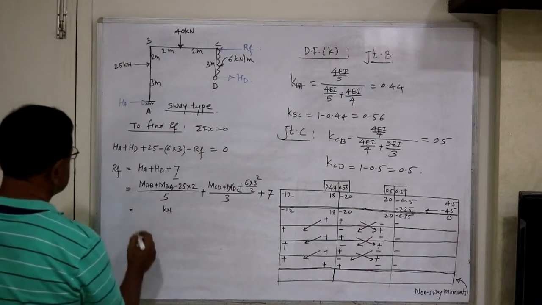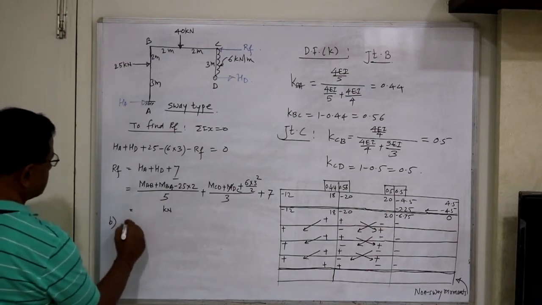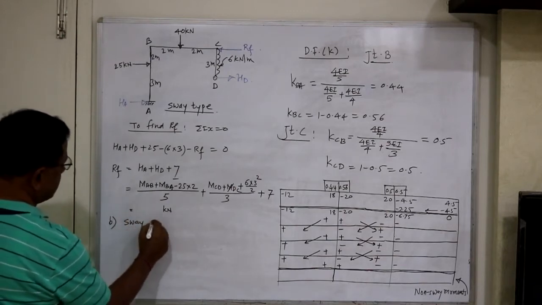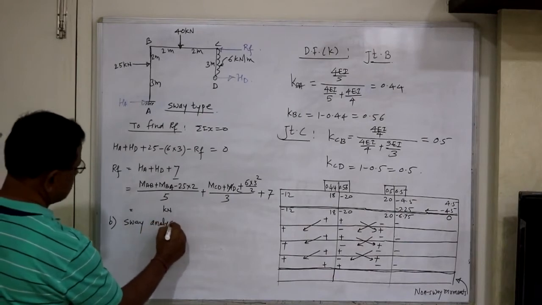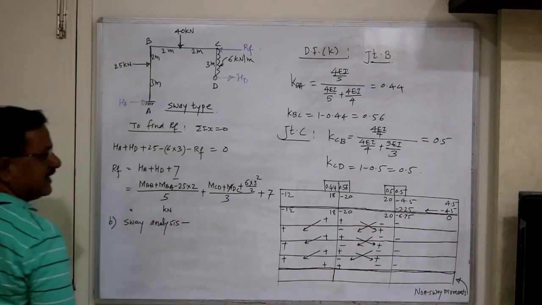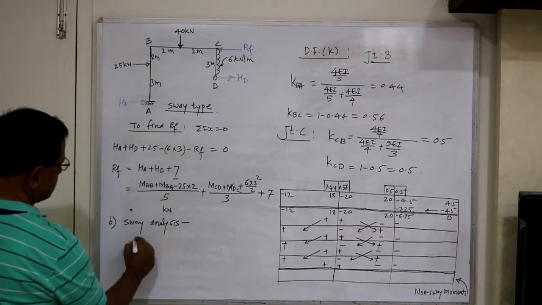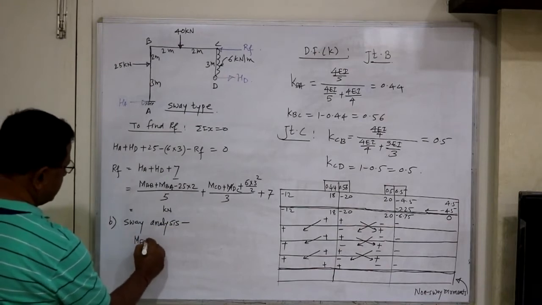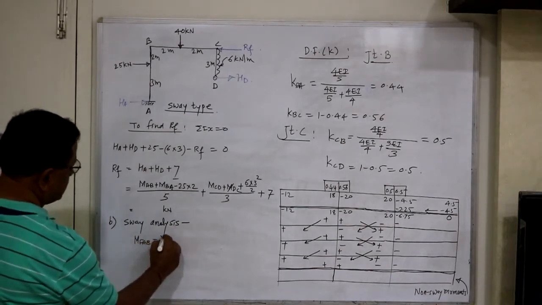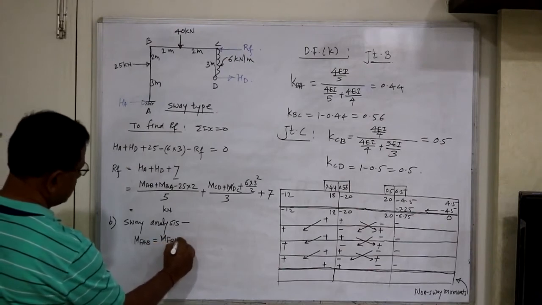Now the second part, B, this is sway analysis. Now we assume sway towards right. MFAB equal to MFBA equal to.